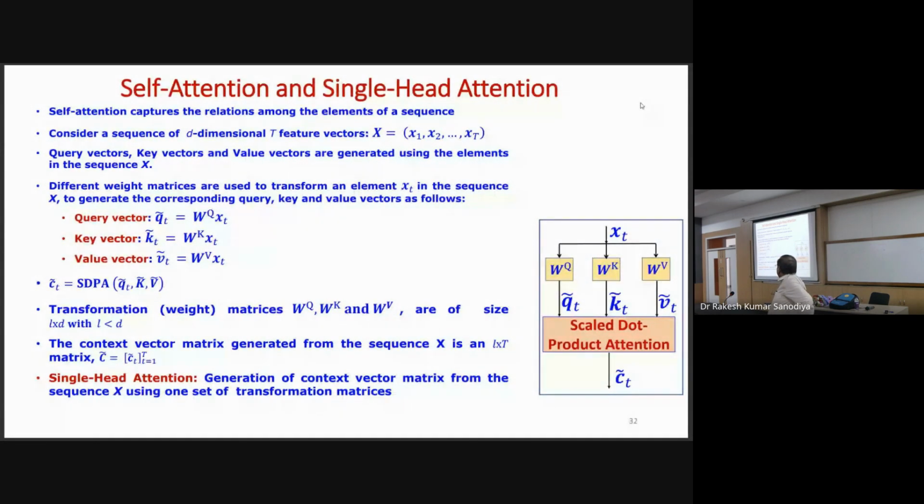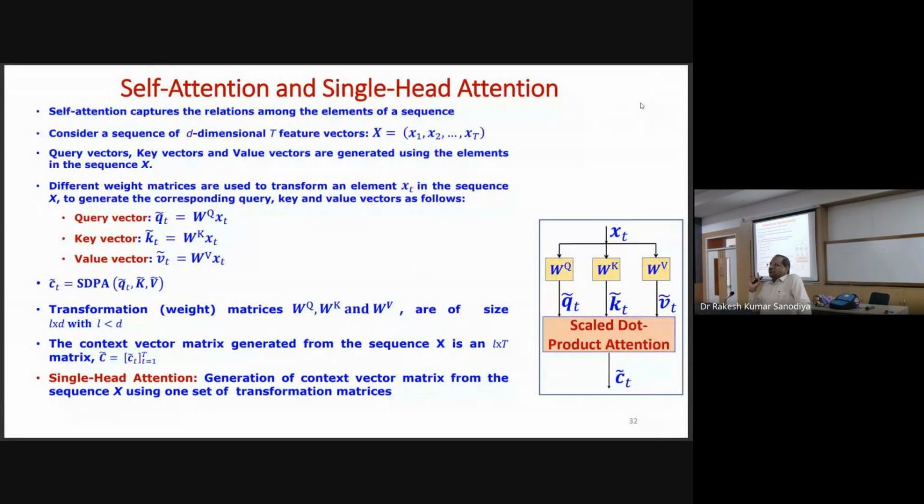Now, I use the same x_t to generate all this query vector, key vector, and the value vector. But what is different here? I have different matrices here, W_Q, W_K, and W_V, right? So basically, I'm generating these query, key, and value vectors, all of them from the same x_t, but by using these different transformation matrices, right? And once we get these query vectors, key vectors, and value vectors, I use these to perform the scaled dot product attention and then generate this context vector, right? Now, these matrices W_Q, W_K, and W_V all put together form what is called a single head, right?